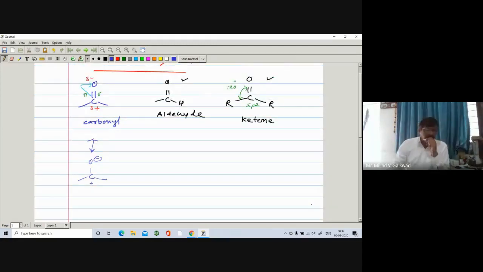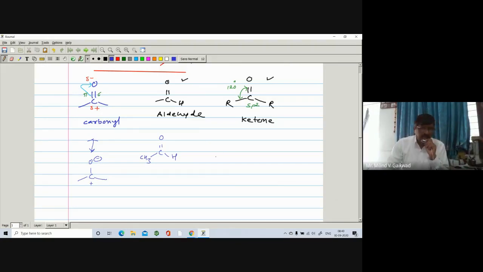Now let's write examples. A simple example: when R is a methyl group, CH3, C double bond O and H, it is acetaldehyde.